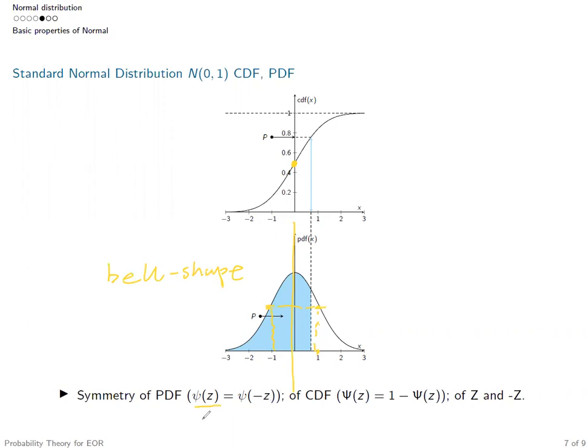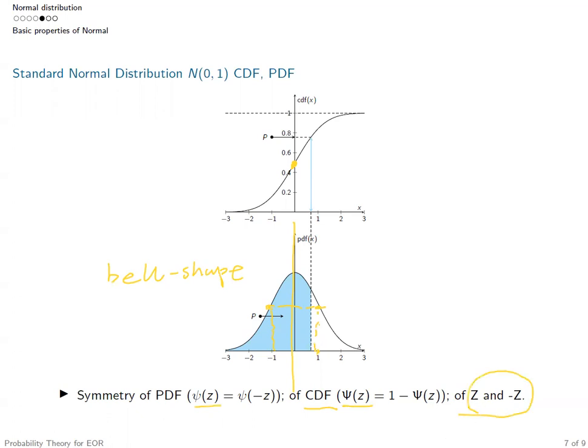For example, psi 1 is equal to psi minus 1. As for the CDF, it's centrally symmetric around this very point. So for the CDF function, big psi z is equal to 1 minus psi z.